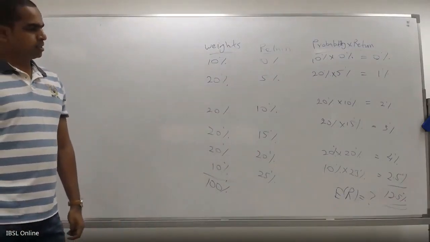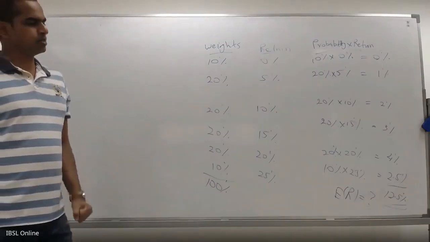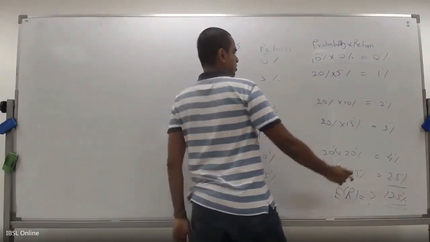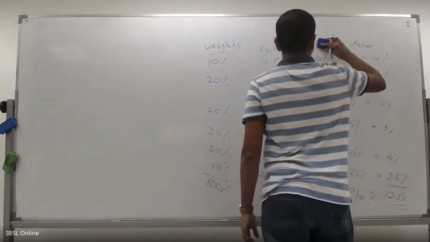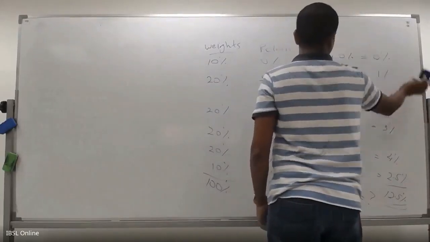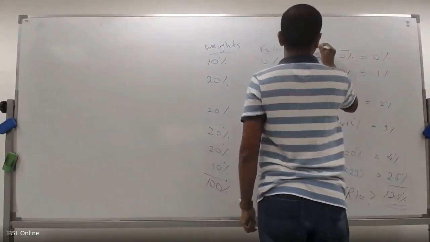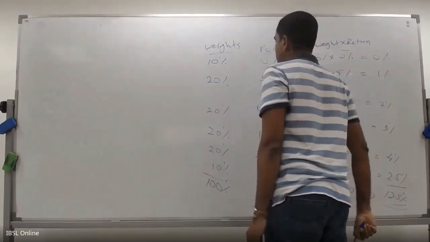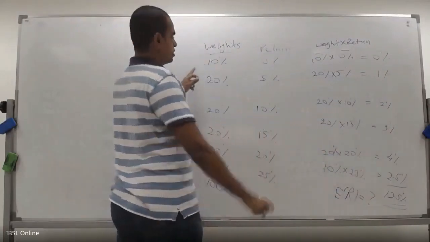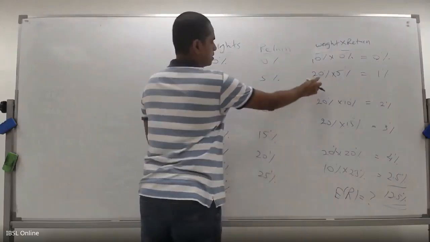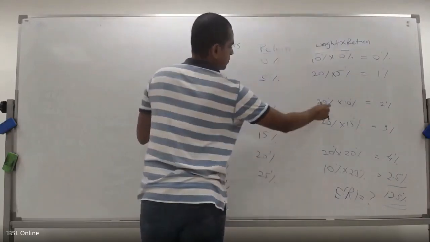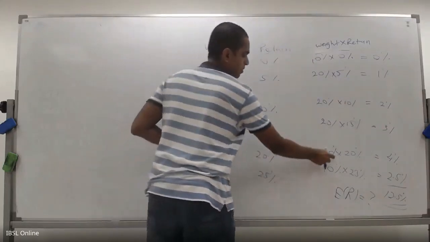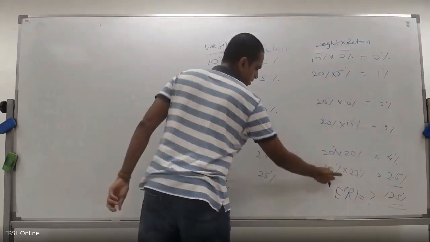Right? If that is the case, how do you calculate expected return? It's the same calculation. What you do is instead of probability, you need to use the weight into the return. So it's 10% of assets giving 0% return, 20% giving 5% return, 20% giving 10%, 20% giving 15%, 20% giving 20%, 10% giving 25% return.